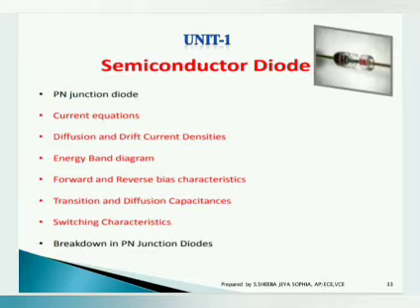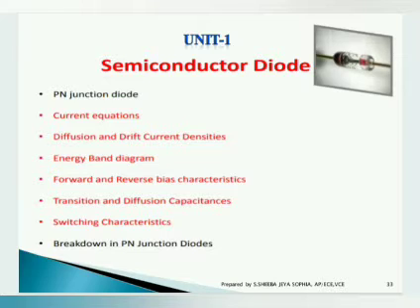In this entire unit, we are going to discuss a few major topics which are listed here. First is the PN junction diode, followed by its current equations, diffusion and drift current densities, energy band diagram, forward and reverse bias characteristics, transition and diffusion capacitance, switching characteristics, and breakdown in PN junction diodes.